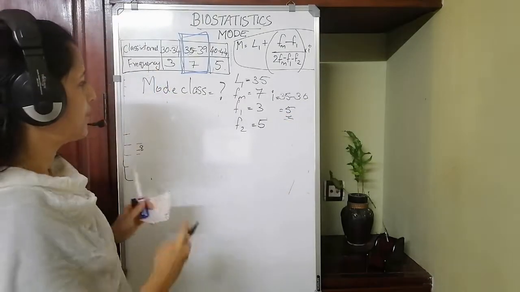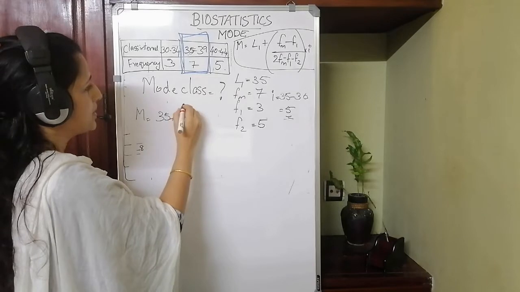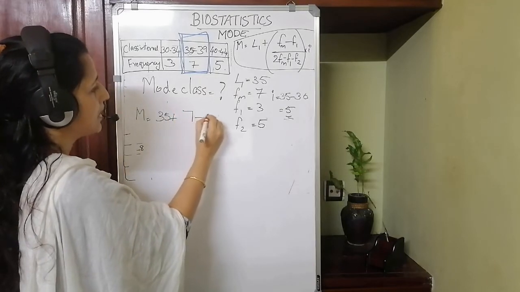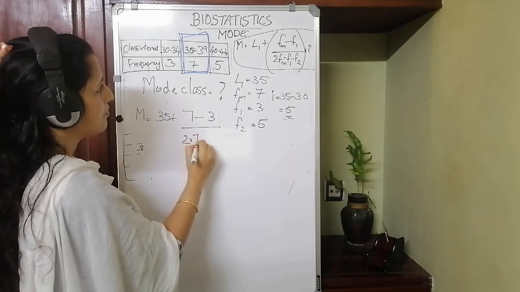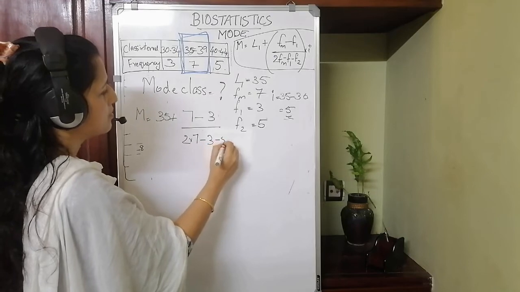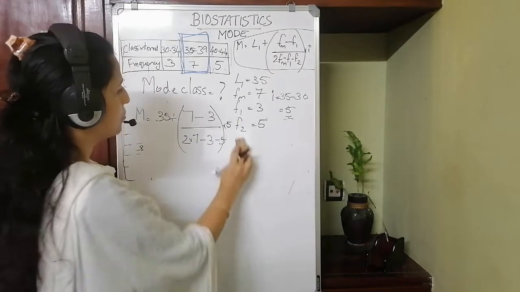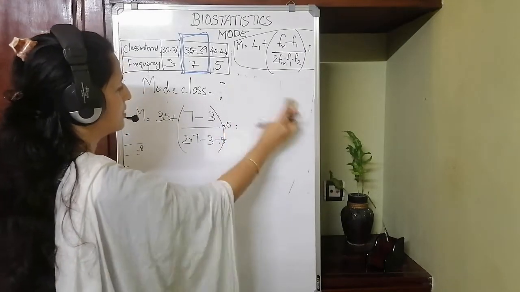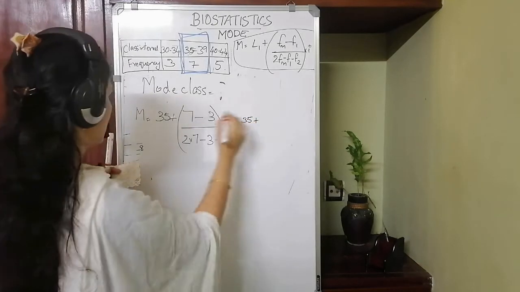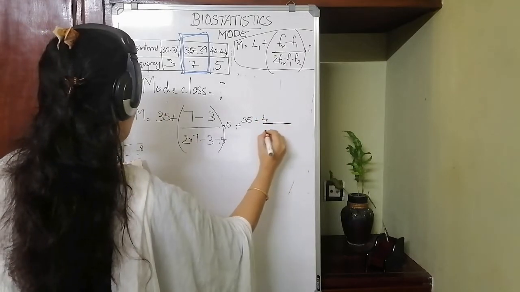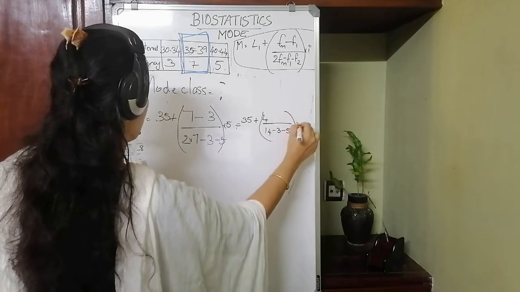And let's substitute the values here. M is equal to L1, which is 35, plus (Fm, 7 minus 3) divided by (2 into 7, minus 3 minus 5), the whole multiplied by 5. That is how we substitute. We have substituted the values and now we will solve. That is 35 plus 4 divided by (14 minus 3 minus 5) into 5.